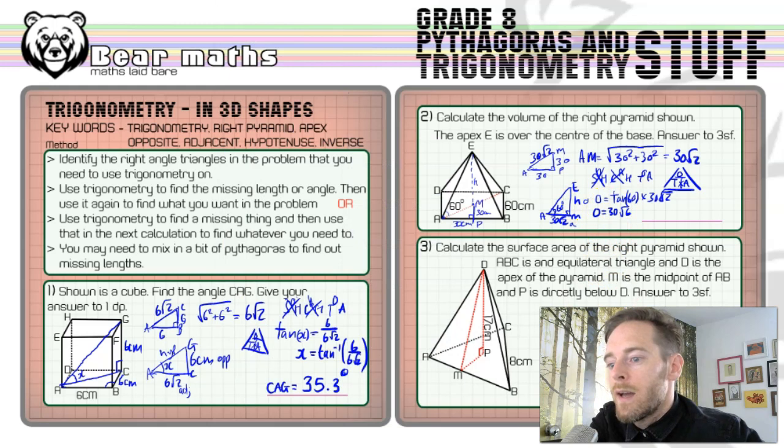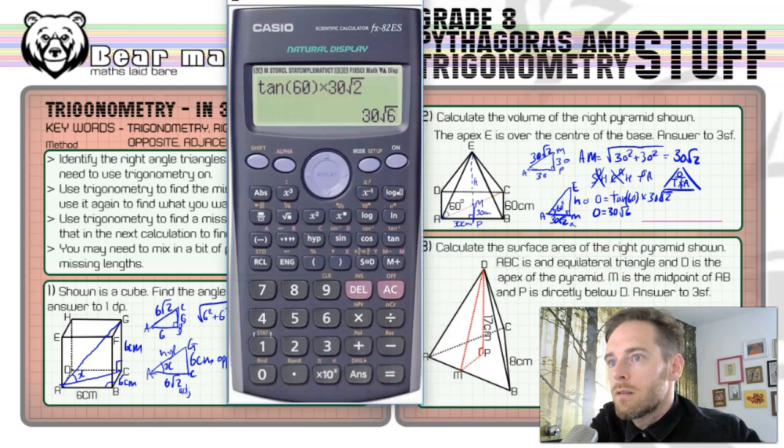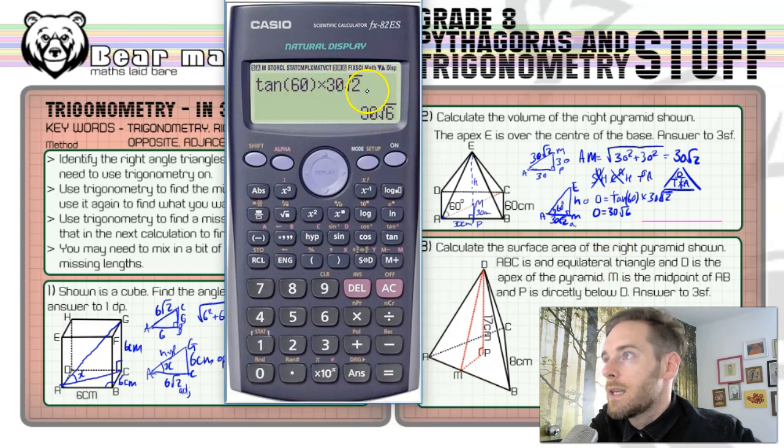Now, that is going to allow us to calculate the volume of that prism. So let's just have a little look, see what that is. Yeah, 73. It's a reasonable number, isn't it? It makes sense. So I'm just trying to figure out where I can write this. 30 root 6.